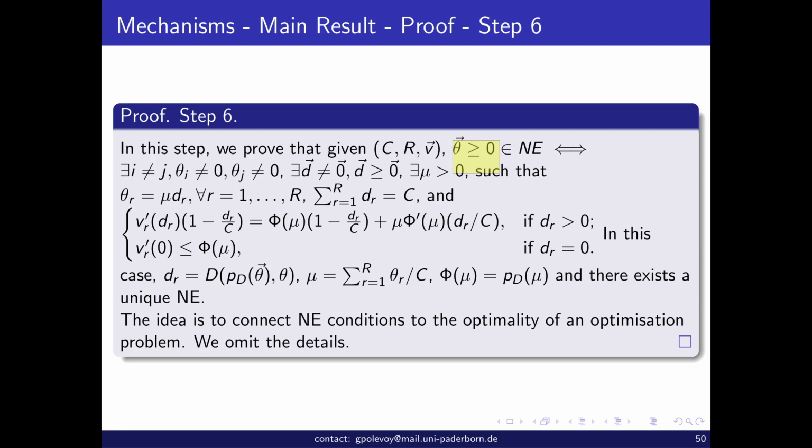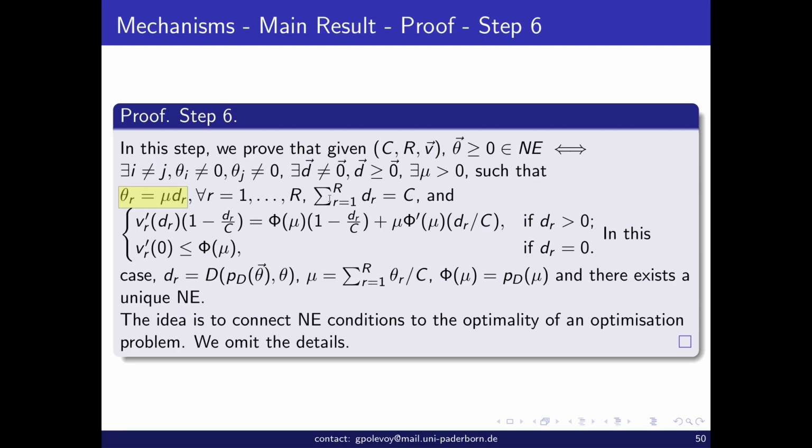So there exist at least 2 players where theta is not 0, that we know. We know that for another case, which is simpler, but we also can make it in general. Then there exists a non-zero, non-negative vector d and a positive mu, such that mu is kind of the price. So mu times d is exactly the bid. So what you get is the bid divided by mu.